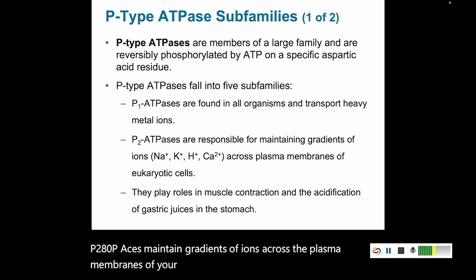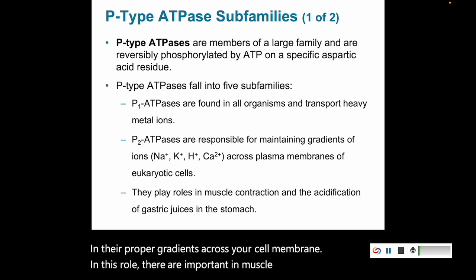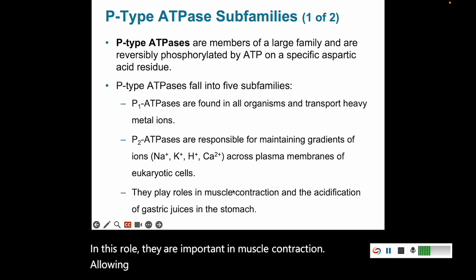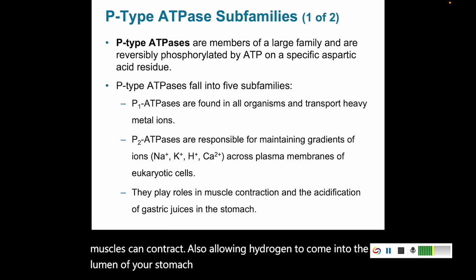So they keep sodium, potassium, hydrogen ions, and calcium ions in their proper gradients across your cell membrane. In this role, they're important in muscle contraction, allowing sodium and potassium to move through so those muscles can contract. They also allow hydrogen to come into the lumen of your stomach to acidify your gastric juices.